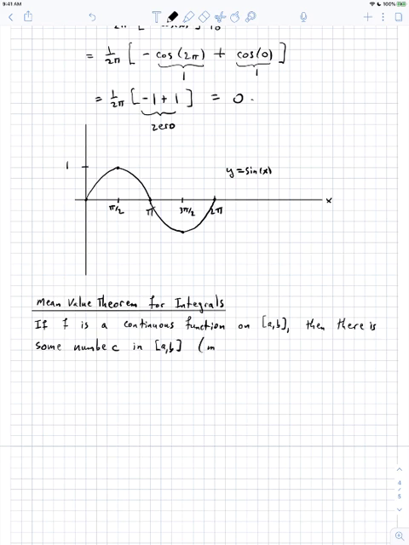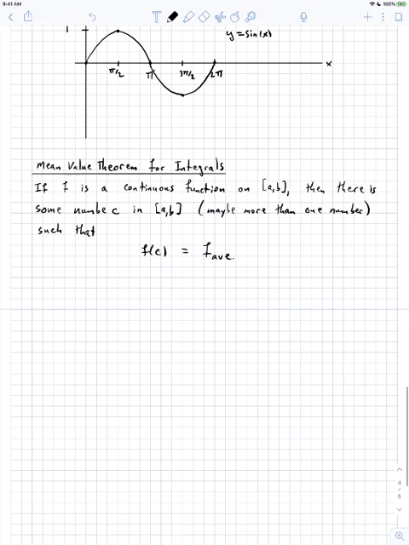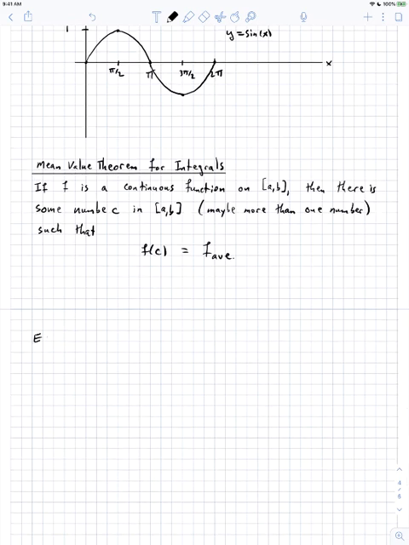And there may be more than one number, such that f of c is equal to the average value. We can easily see that in our examples from above. These are the examples we've already looked at.